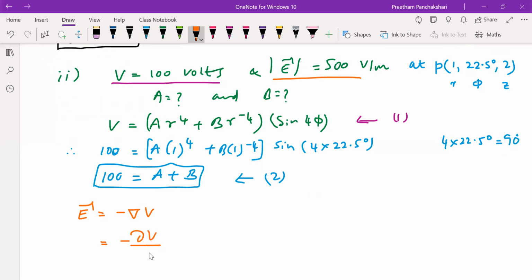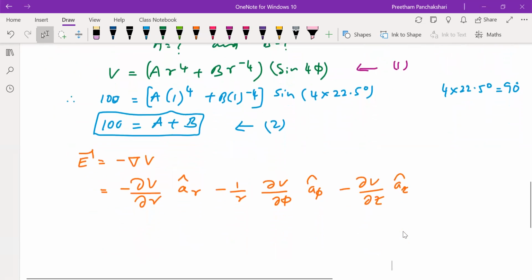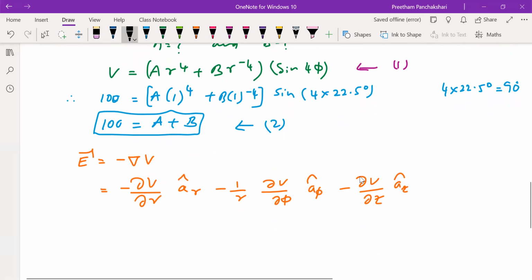Therefore, the expansion of gradient is dou V by dou R A cap R minus 1 by R dou V by dou phi A cap phi. Anyhow, dou V by dou Z is not required as the potential function is not varying with respect to Z. Just have written it for our convenience.